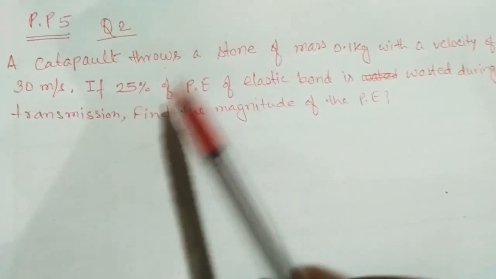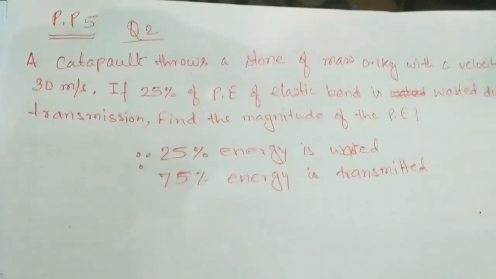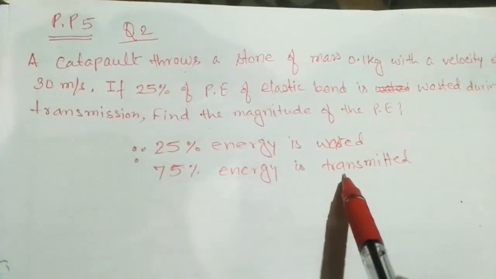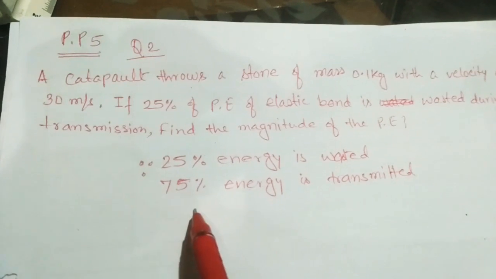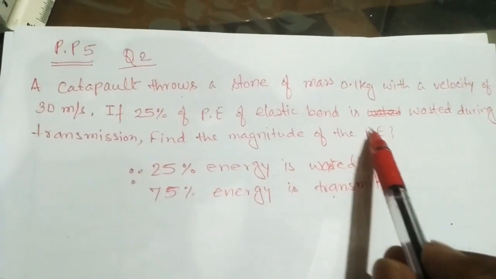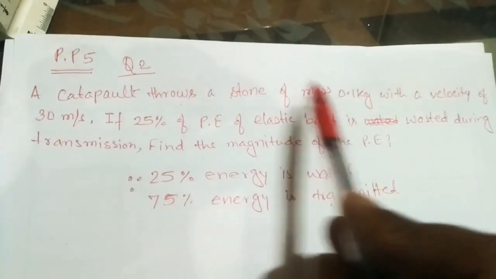How much wasted? 25%. As the question says, 25% of energy is wasted, so it means 75% of energy would have been transmitted. 75% of potential energy is transmitted and is converted into what? The kinetic energy.